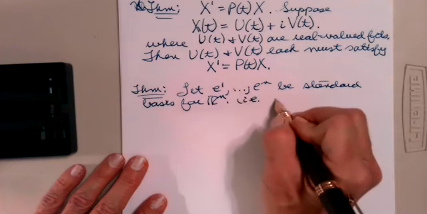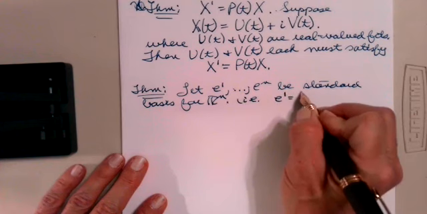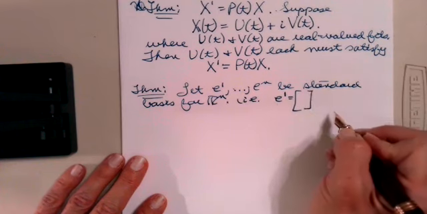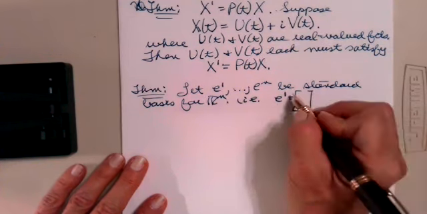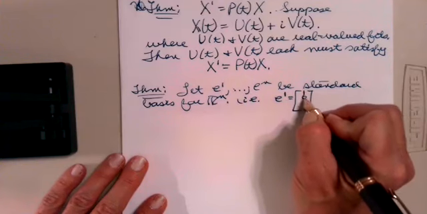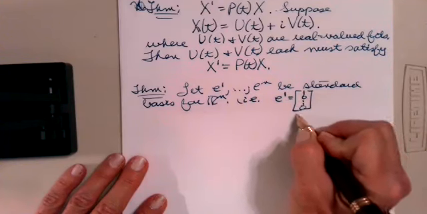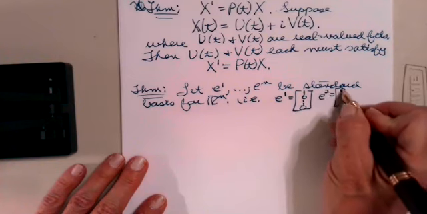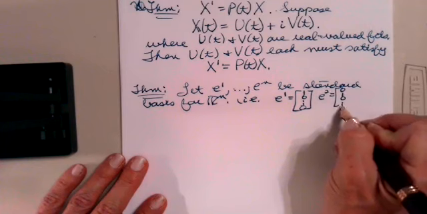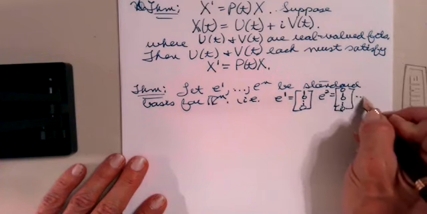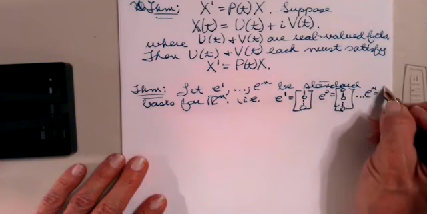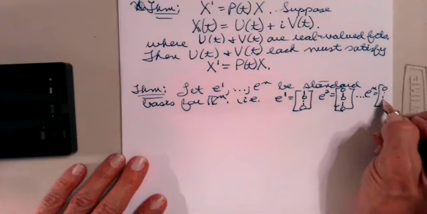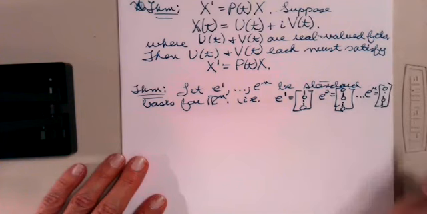That is E1, because I'm thinking of every element of Rn as a column vector. So this will be 1, 0, 0, and there's n terms. E2 is the vector that goes 0, 1, 0, and then you keep going until you have n parts. And then you keep going until you get to En, which is the vector with all zeros, and then a 1 in the last slot.